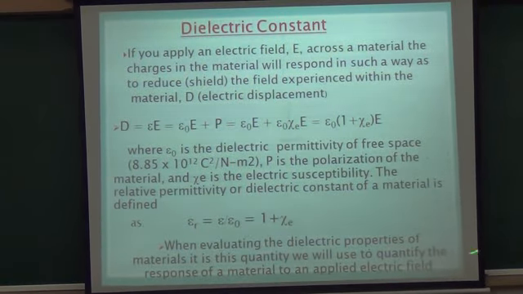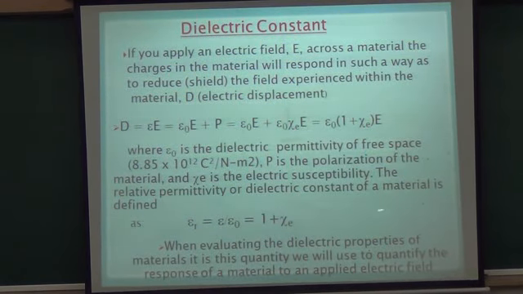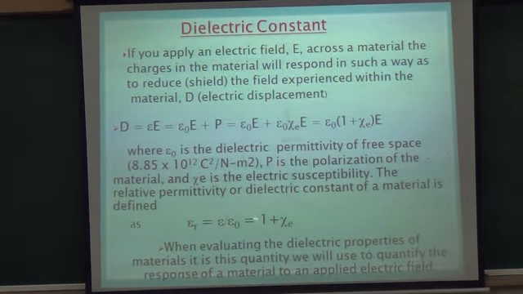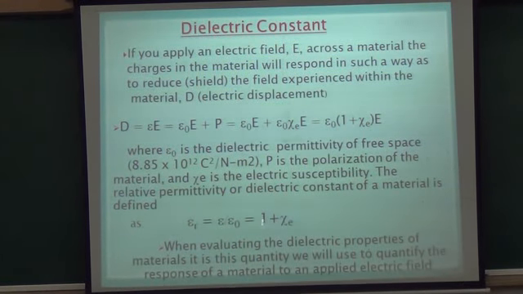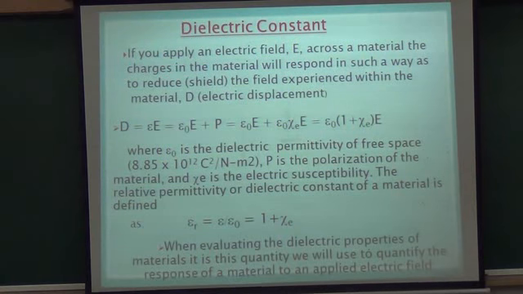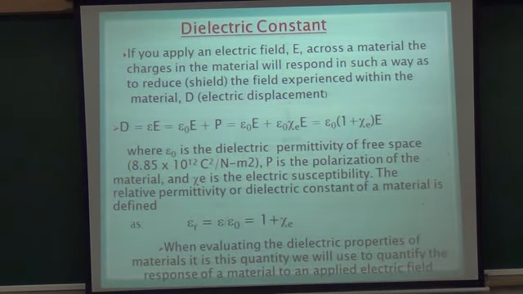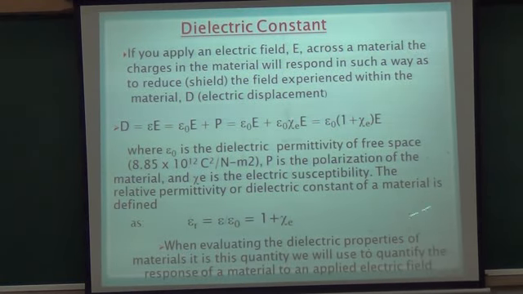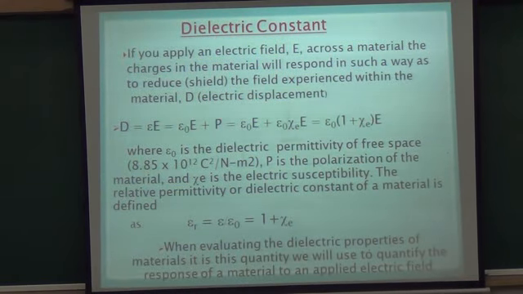In some books they write K, in some books epsilon R. That is epsilon by epsilon naught, which is 1 plus chi. This quantity always comes when we talk about the behavior of a material in an external electrical field. So after measurements, you take dielectric constants and based on that you discuss how your material is behaving.